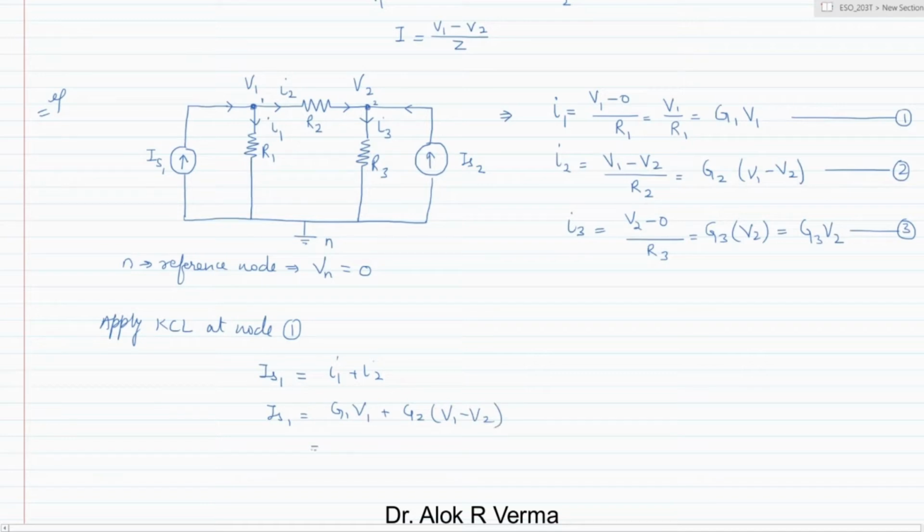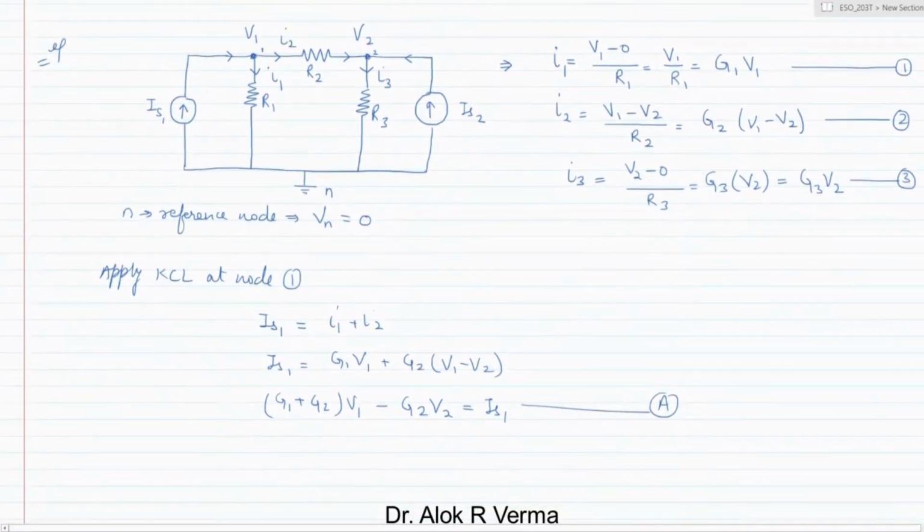Or we can rewrite this equation as (G1 plus G2) times V1 minus G2 V2 is equal to IS1. This is equation number A.